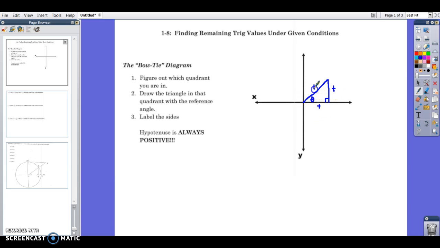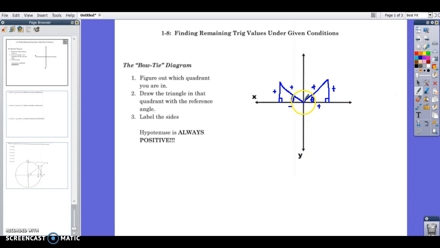The hypotenuse is always positive because it's just a distance. That would be the first quadrant. If you are in the second quadrant, right here is your theta. You are on the negative side of the x-axis and the positive side of the y-axis, but the hypotenuse is always going to be positive.